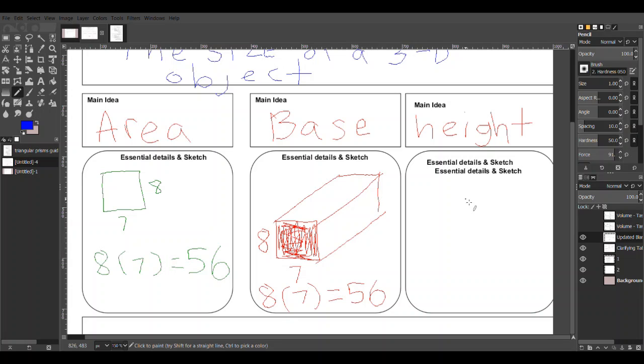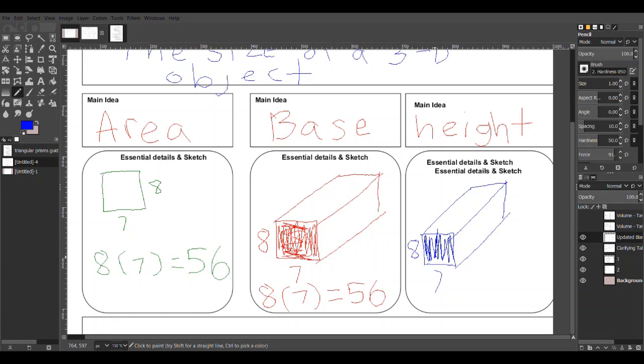Finally, we're going to talk about the height. So we've got our loaf of bread, and the first slice of bread is the base, and that's 8 by 7. Then we draw the dimensions of it to make it 3D. And this is the base, which is our first slice of bread. And how much was the base? What was the area of the base? I'll pause.